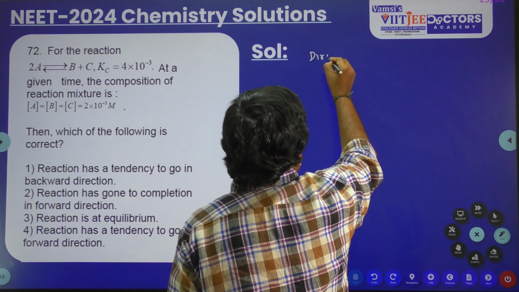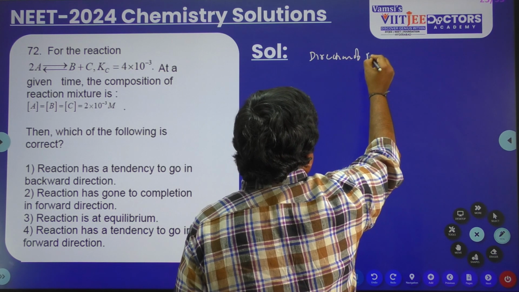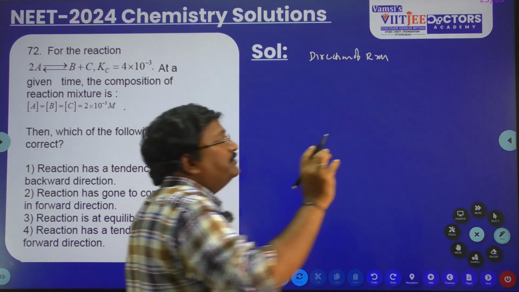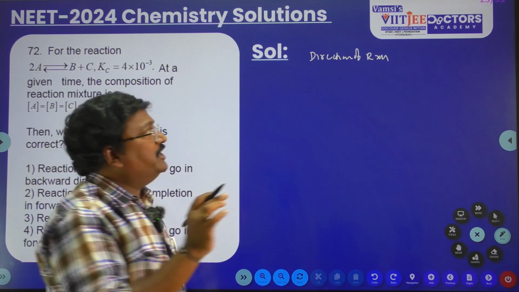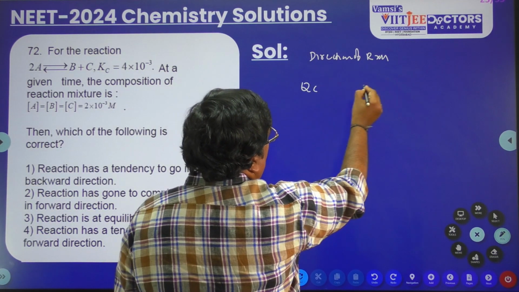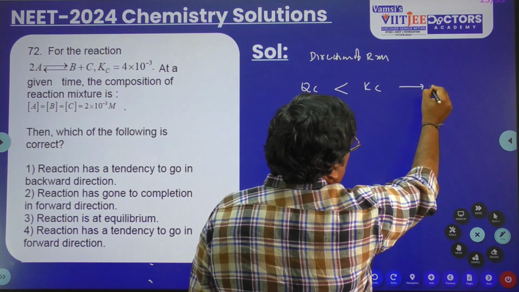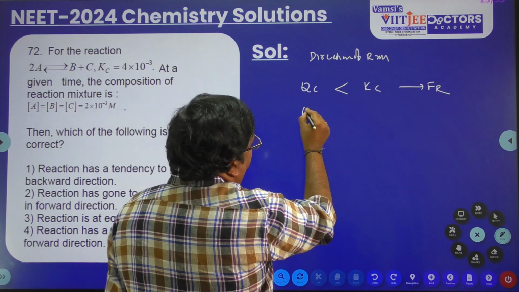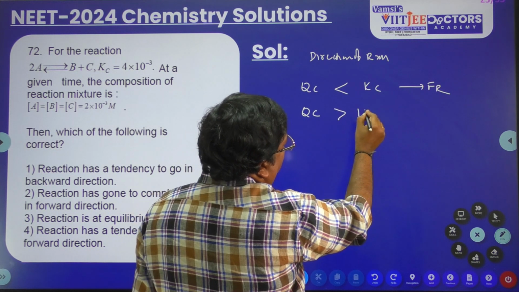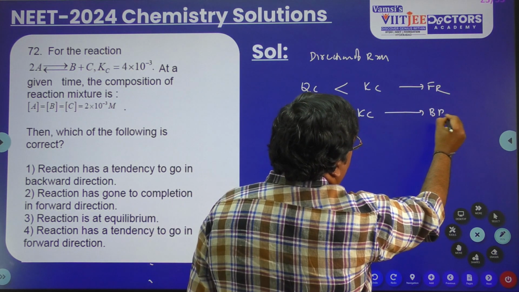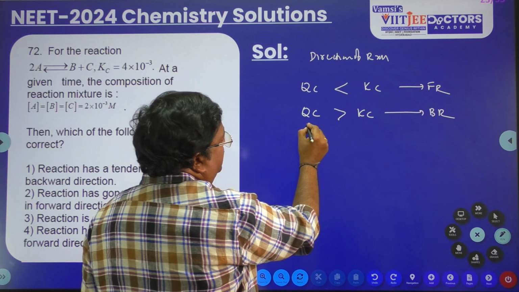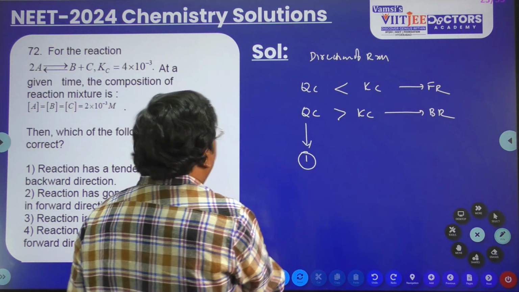So when the direction of reaction is asked, we have to depend on Qc and Kc. If Kc is greater than Qc, it is the forward reaction. If Kc is smaller, it is the backward reaction. Here, suppose you calculate Qc, Qc is 1.